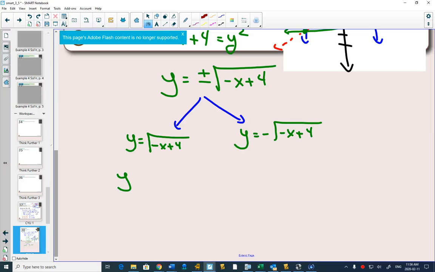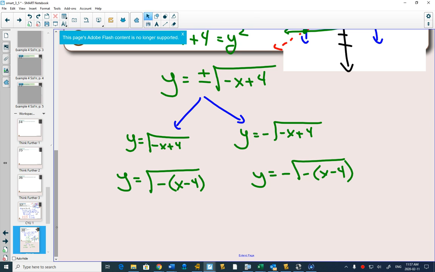But I would have to first write this in factored form. So now I'm going to take my square root graph, flip it horizontally over the y. Can you see that that would make a square root going in that direction? And then move it 4 to the right.